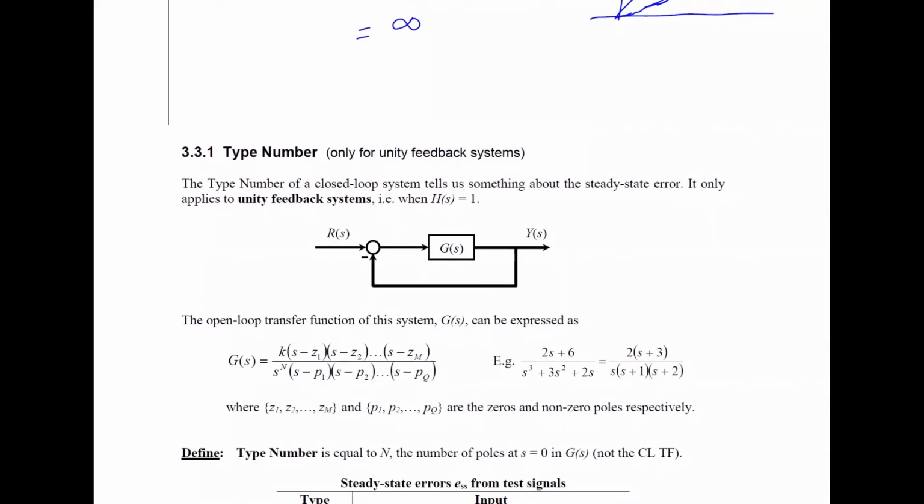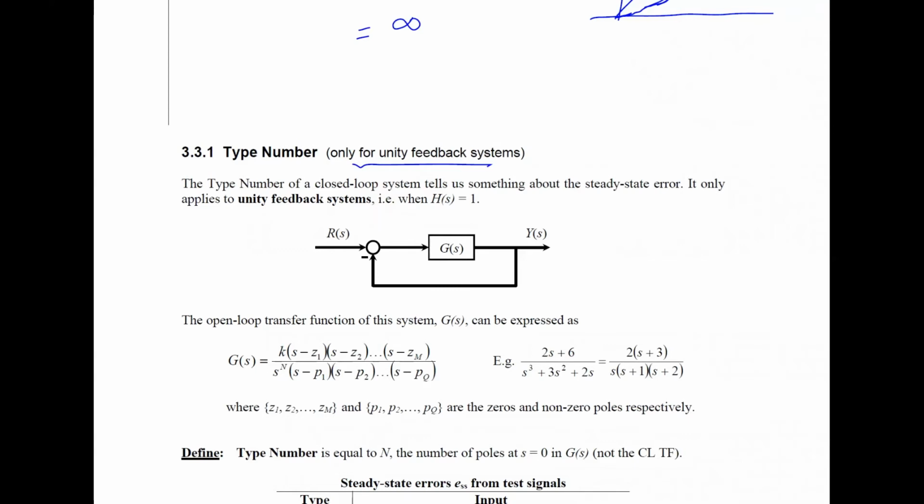Next, we'll look at the concept of a type number. Something to note is that this is only valid for unity feedback systems. We can make some decisions about the steady state errors based on the type number of the system.